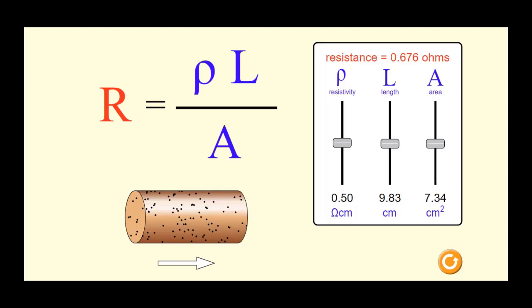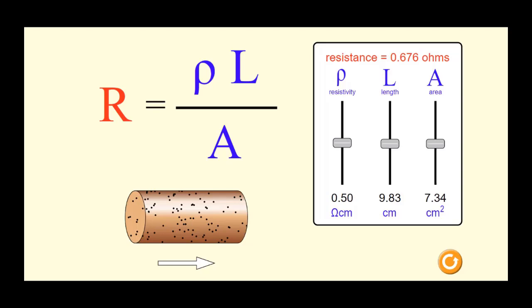Coefficient of reactivity, coefficient of a lot of different things. One of them is a coefficient of resistivity. So things like copper have a low coefficient of resistivity, so the resistance of copper is low. But there's other things to consider when you're looking at the resistance of a particular thing.